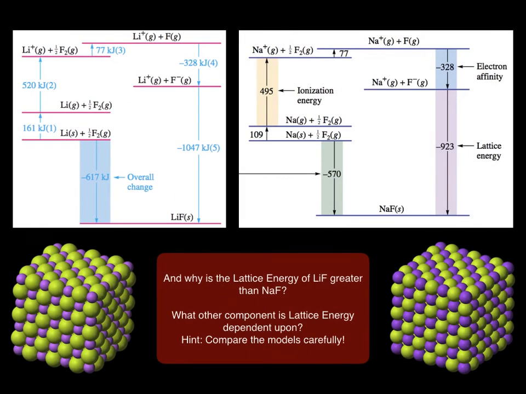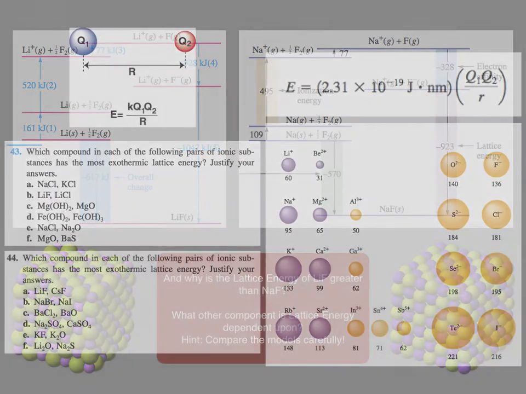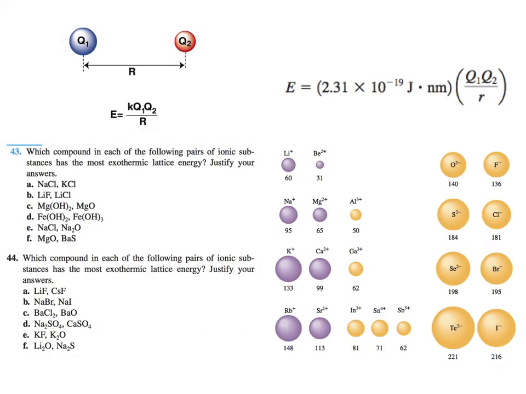Furthermore, if we compare lithium fluoride's lattice energy at negative 1047 kilojoules per mole to sodium fluoride's lattice energy at negative 923 kilojoules per mole, we see another component that affects differences in lattice energies as well. Both of these components are found in the lattice energy equation provided above, which looks extremely similar in form to Coulomb's law.